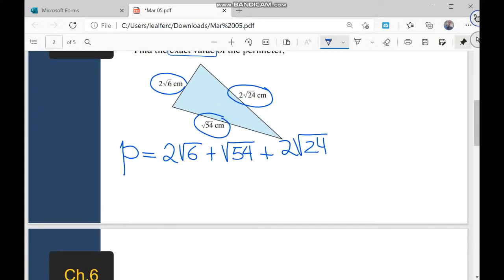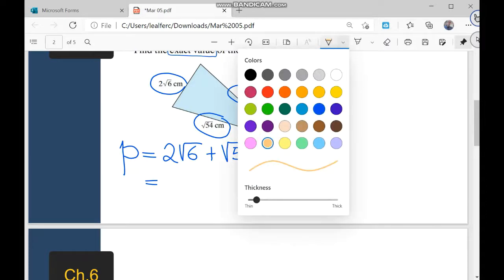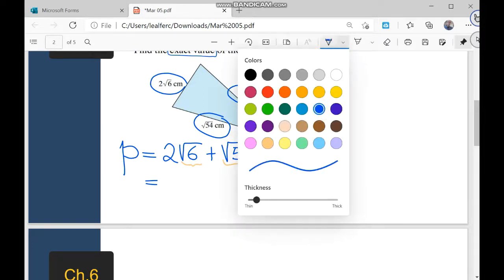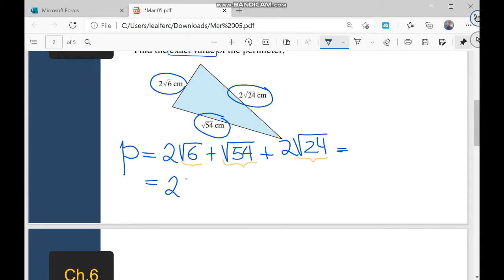I don't see yet a like radical that we can factor out and simplify this expression. But maybe if we break down each radical, we'll be able to find a like radical. Let's try. 2 times square root of 6: we can break down 6 as 2 times 3, but there's no perfect square, so we cannot simplify, so let's keep it.